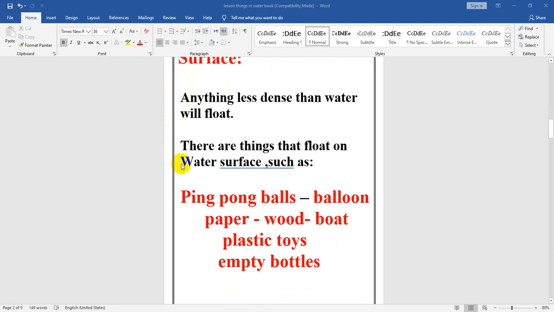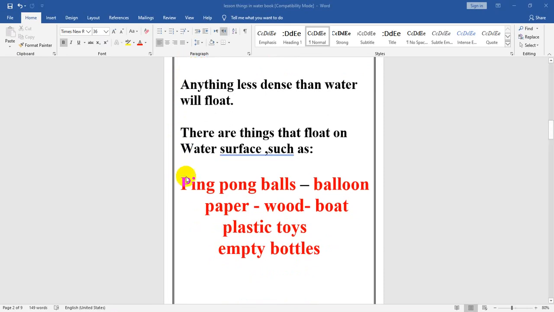There are things that float on water surface, such as ping pong balls, balloon, paper, wood, board, plastic toys, and empty bottles.